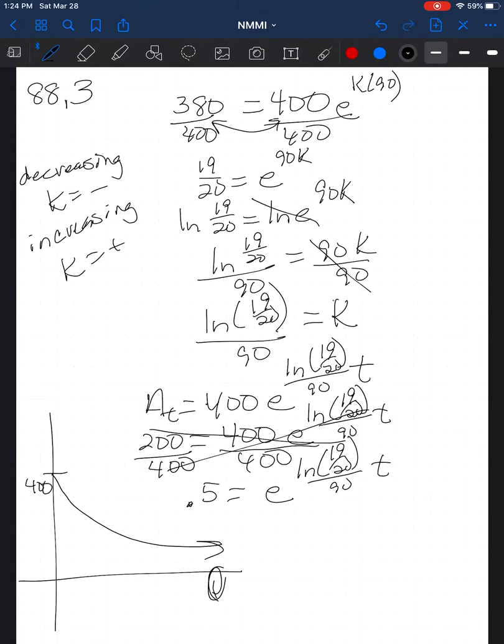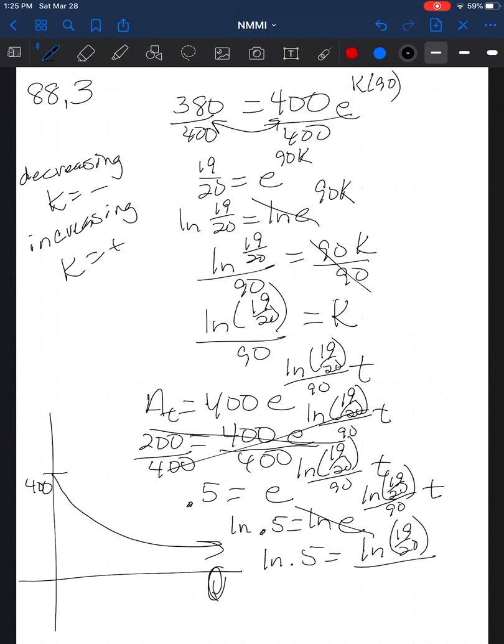So now remember, to get rid of this e, it won't just cancel. I have to take the natural log of both sides. So ln of 0.5 will be equal to ln of this. These cancel, and I have ln of 0.5 equals ln of 19/20 over 90 times t.